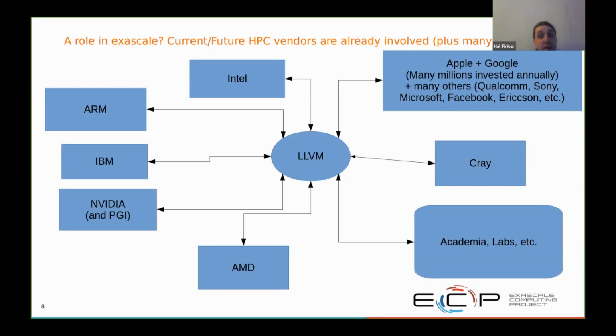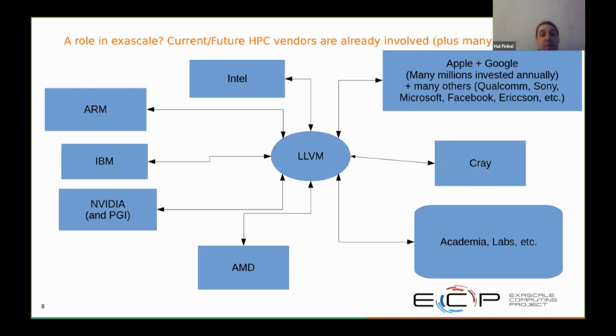They use LLVM. And the thing that I really enjoy about this slide is that I can make all of these arrows have arrowheads on both sides of the line. All of these companies use LLVM, but they also contribute to LLVM. As a result, it really forms a core component at the center of the tooling and programming environment ecosystem for high performance computing.